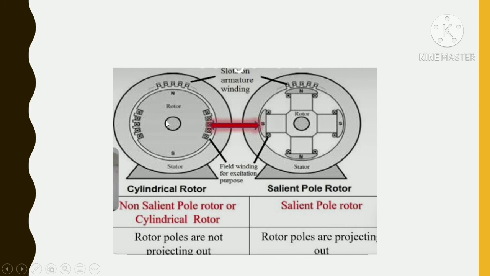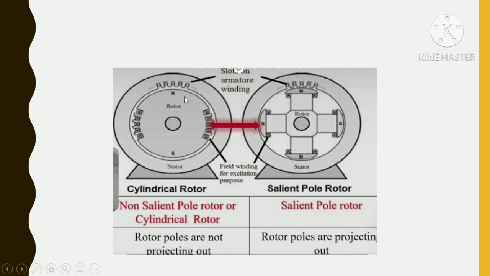Dito naman sa babasahin ko yung nasa table. Non-salient pole rotor or cylindrical rotor: rotor poles are not projecting out. Yung poles daw nung cylindrical is not projecting out, it's slotted. Medyo malaki yung space nung poles ng rotor.